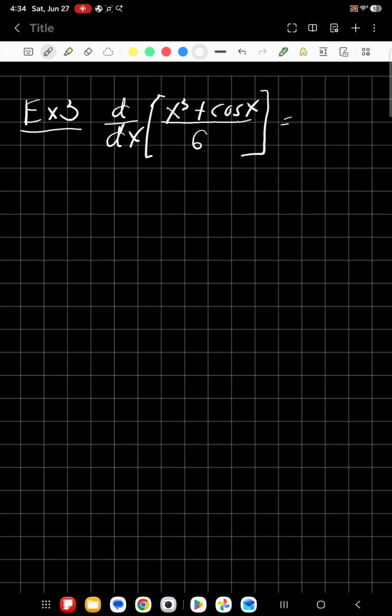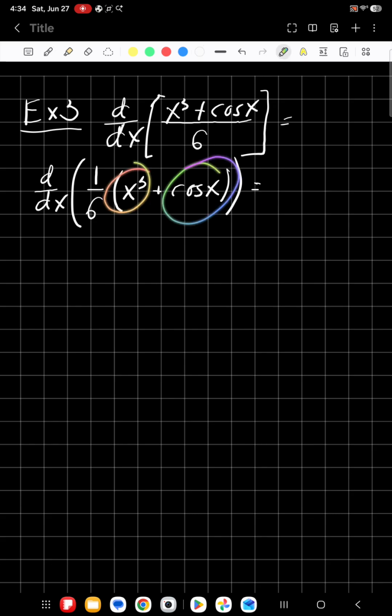So we can look at it like this: d dx of 1/6 times x cubed plus cosine x. I just take a regular derivative of those two terms, and 1/6 is just a constant there.